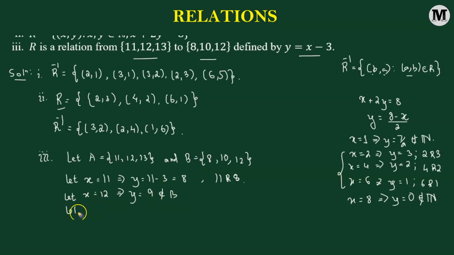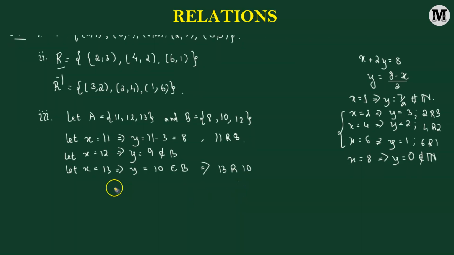Let's now choose x equal to 13. So when we choose x equal to 13, then in that case y comes out to be 10. And since 10 is an element of the set B, this simply implies that we now have a relation 13 R 10. Okay, so now we are ready to define the relation R. So R is going to be the set containing the ordered pairs (11, 8) and (13, 10).